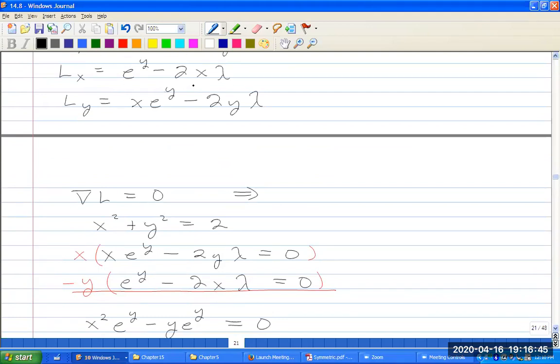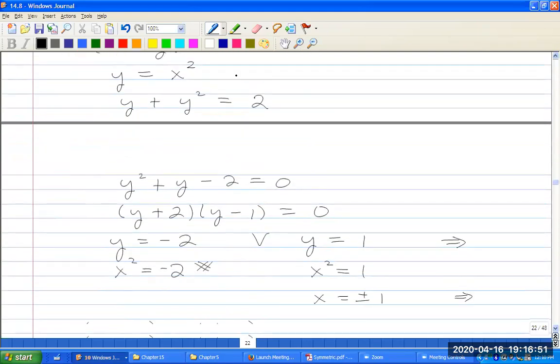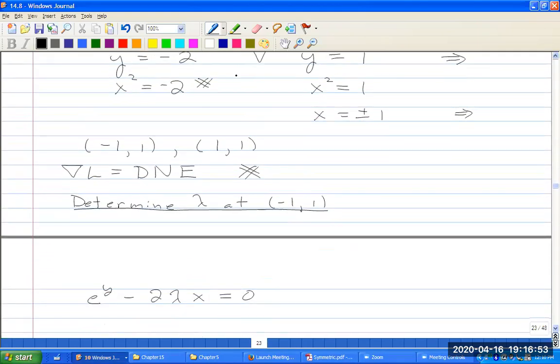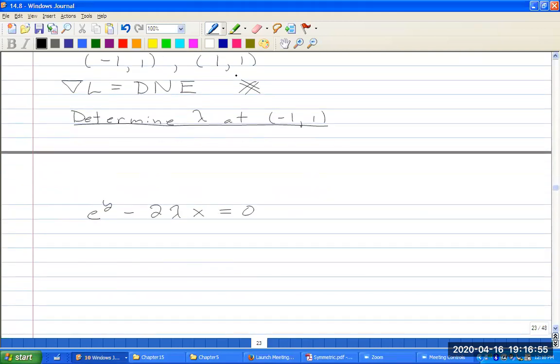So let's use that to figure out what lambda is. This gives me e to the 1 minus 2 lambda times -1 is 0.